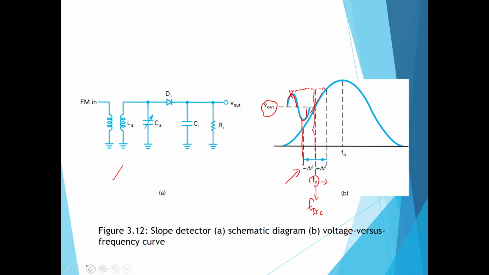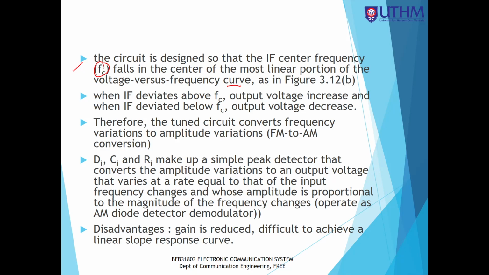It is actually the carrier frequency after we have converted it to the intermediate frequency. Okay, so when IF deviates above FC, the output voltage increases, and when IF deviates below FC, the output voltage will decrease. So therefore, the tuned circuit converts frequency variation to the amplitude variation at the output.